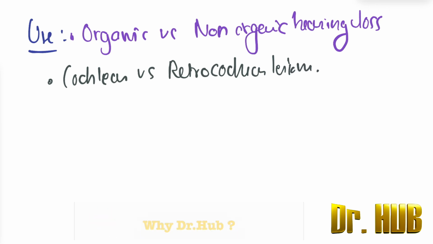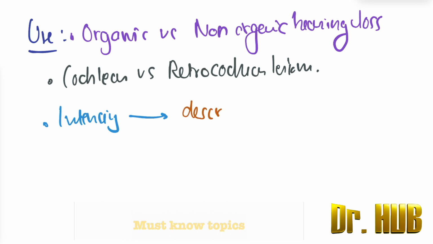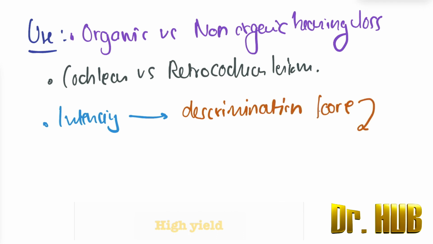And it finds the intensity at which the discrimination score is best, which is useful for fitting a hearing aid.